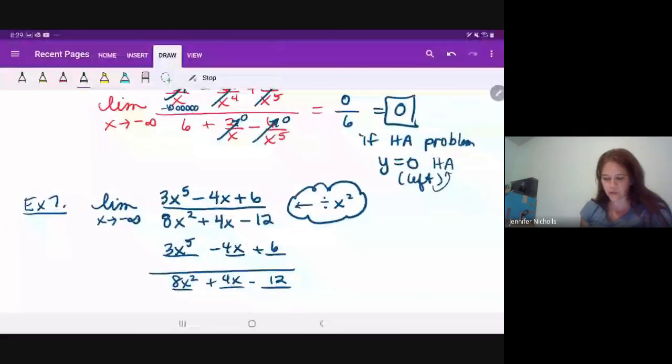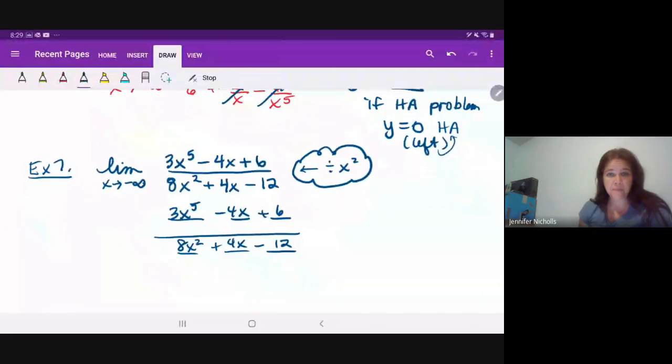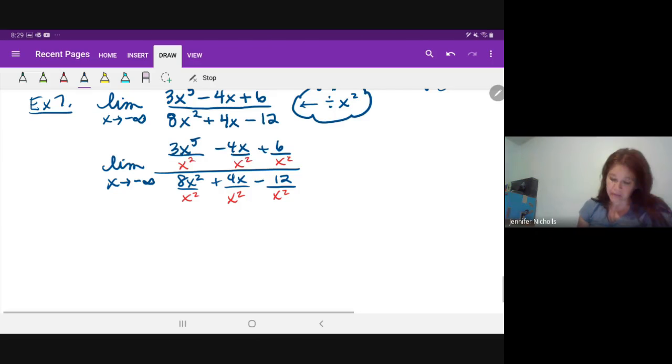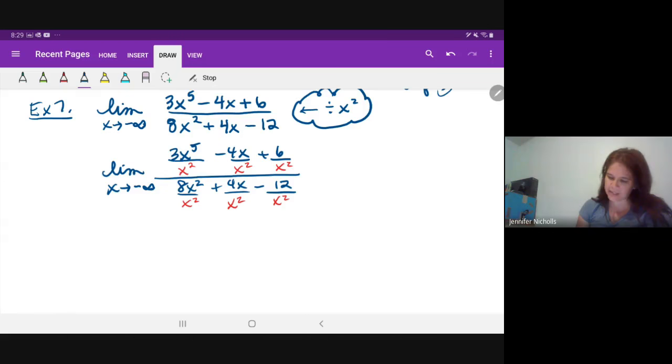We're showing the step because we're trying to do it the official way, because we need all the tools in case problems get hard. So we're not looking at taking any shortcuts at the moment. I'm going to divide everything by x to the second. Shortcuts don't help you when the problems get more complicated. Do I have an x? I do. I need the limit as x approaches infinity in the front. I reduce. So this is my dividing step. And then I need my reducing step.